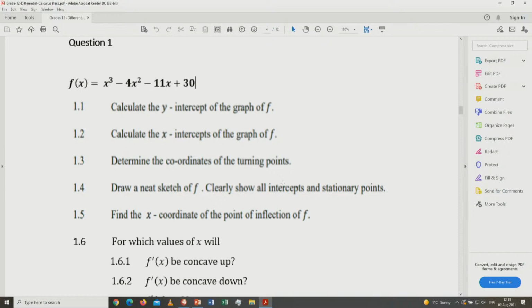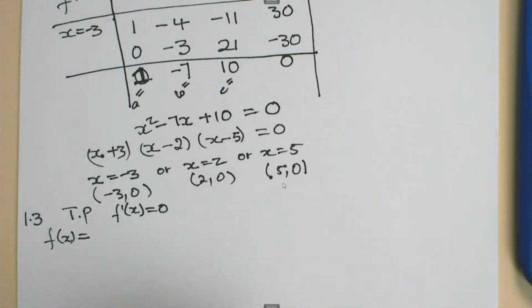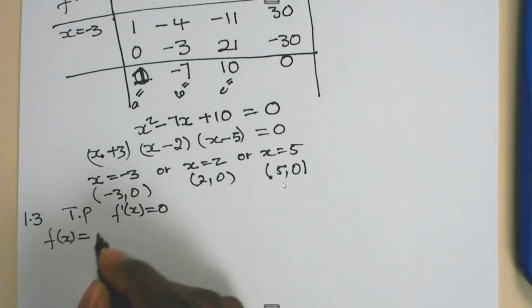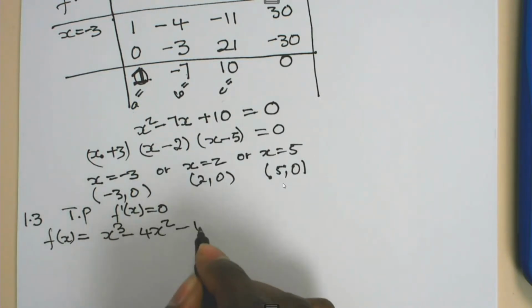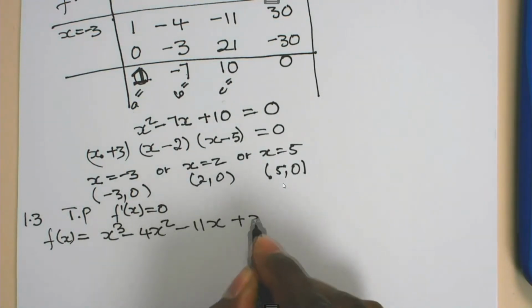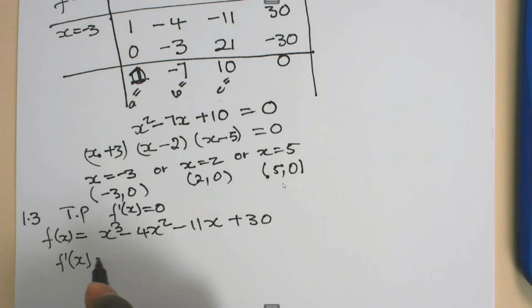You'll recall we have f of x is equal to x cubed minus 4x squared minus 11x plus 30. This is our cubic function. At the turning point, f prime of x is equal to 0.